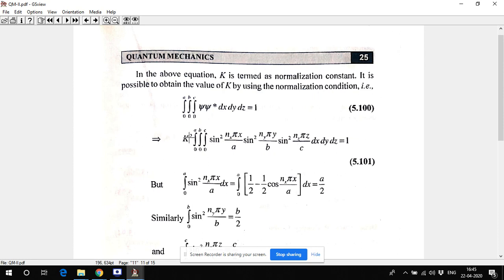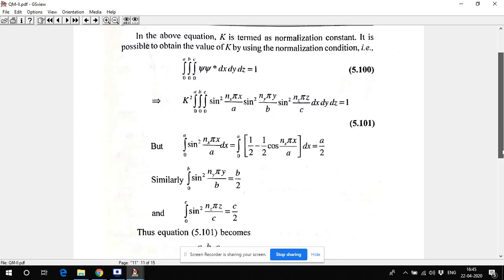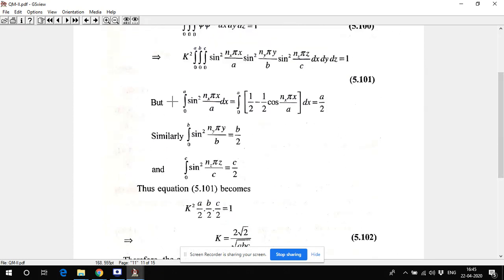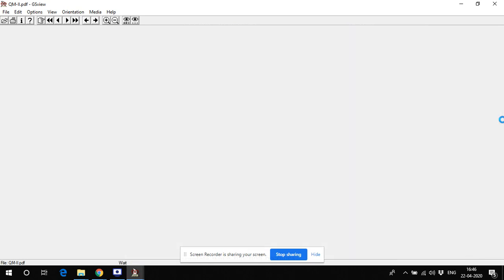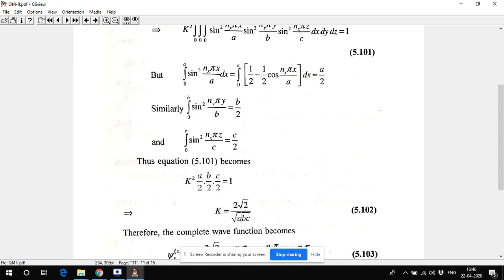You can solve this one by one, integrating with respect to x from 0 to a, with respect to y from 0 to b, and with respect to z from 0 to c. You remember we will get a by 2. This time for the x-axis you will get a by 2, then b by 2, then c by 2. So ultimately k square times abc by 2 cubed equals 1, and hence my k will be 2 root 2 divided by root abc.